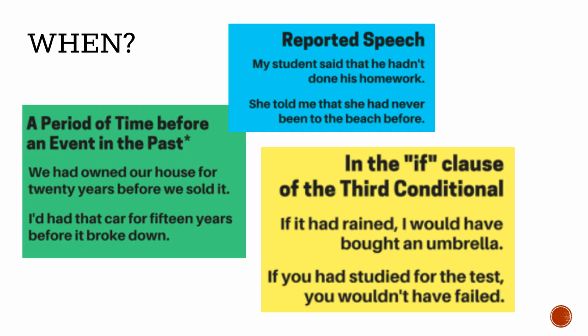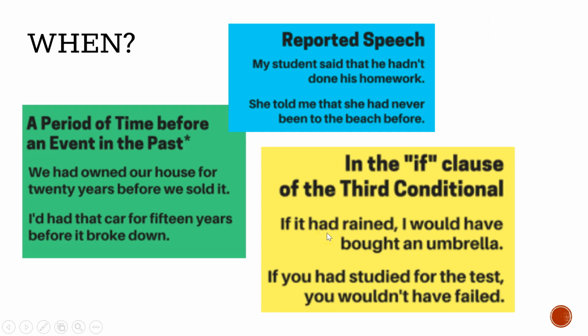The past perfect tense is also used in reported speech when you convert direct speech to indirect speech. It is also used in the if clause of the third conditional. For example, if it had rained, I would have bought an umbrella.